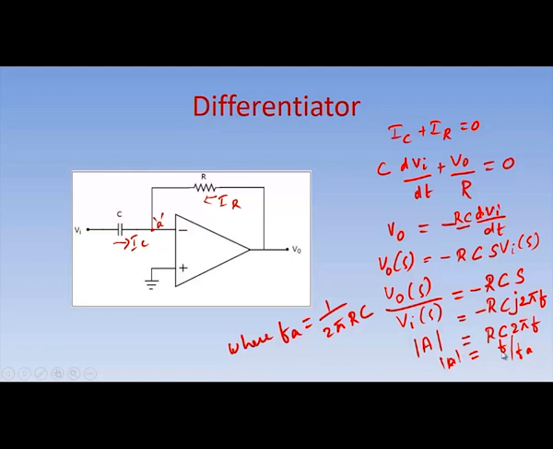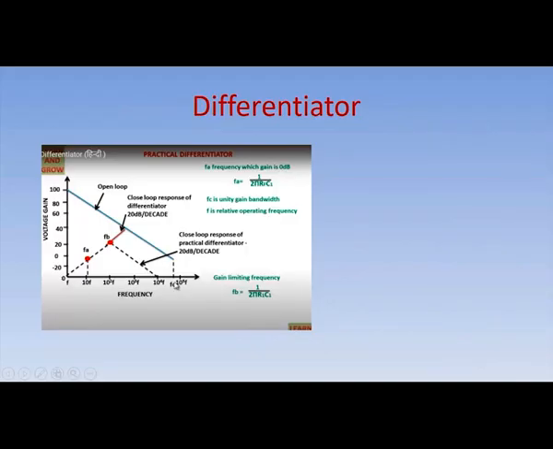If you increase the frequency of the input signal again, the gain increases at the rate of 20 dB per decade. What do we mean by dB per decade? A decade is a 10 times increase in frequency, and the gain is represented in dB: 20, 40, 60, 80.